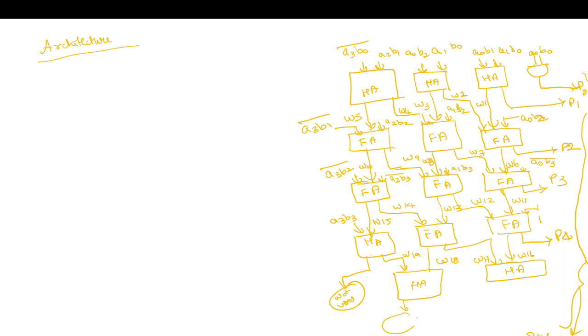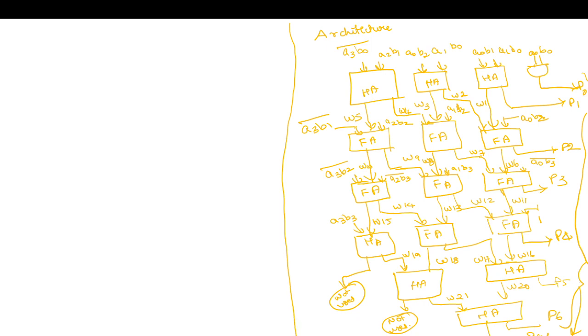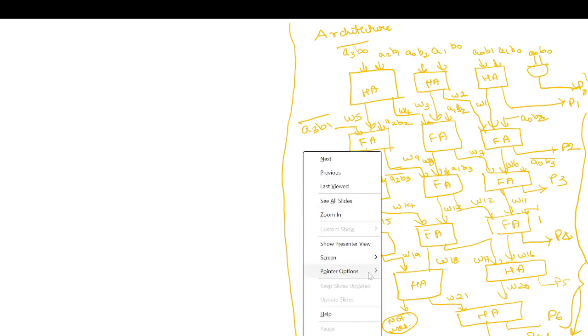This also, this will be W21, 19, 20, 21. This can apply a half adder. This is P5, P6, P7. So this is the architecture. Now we will write the Verilog code for this.